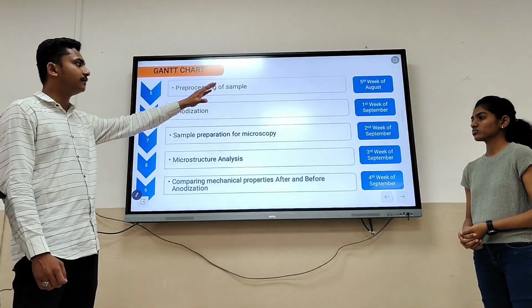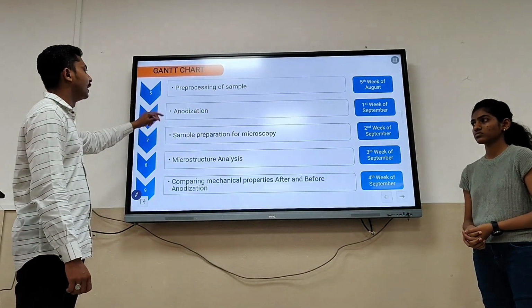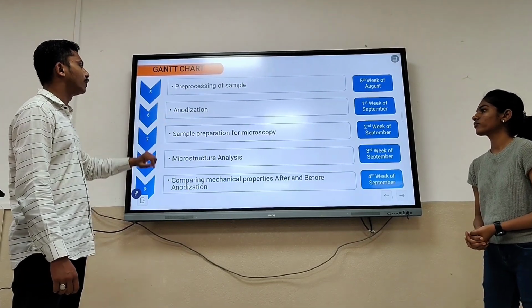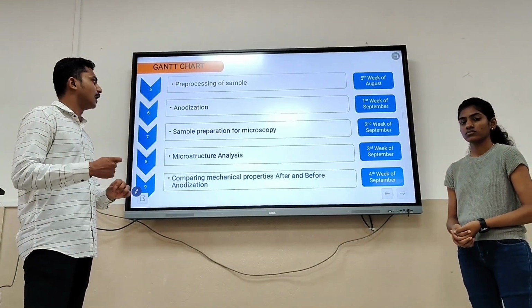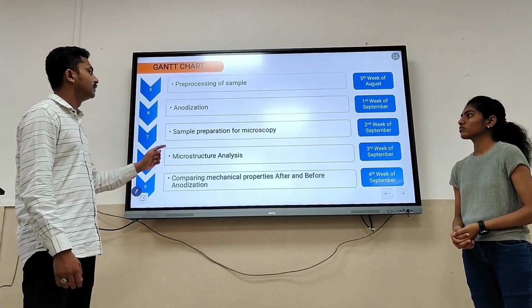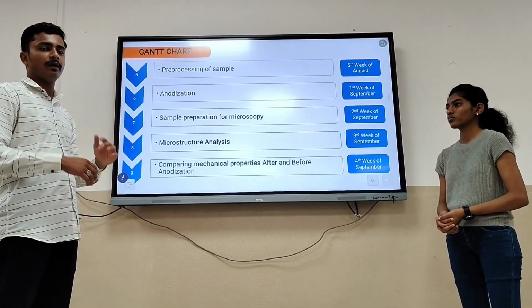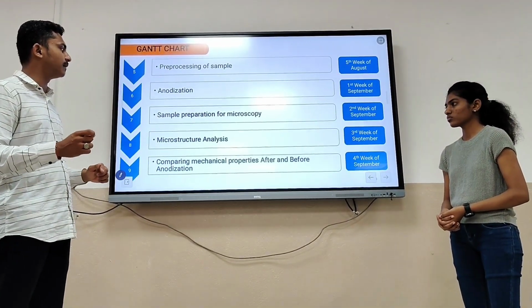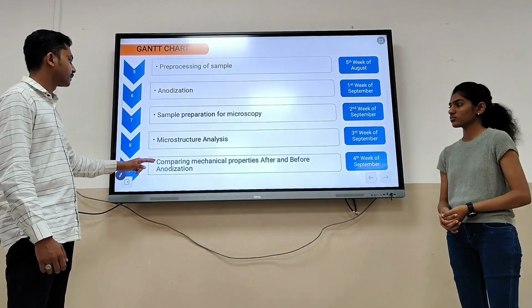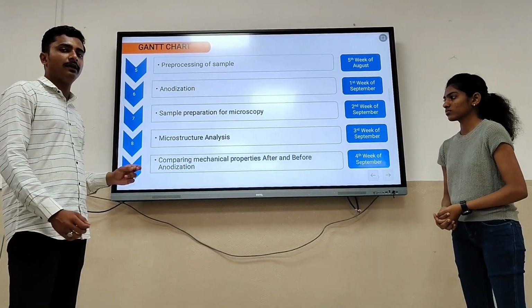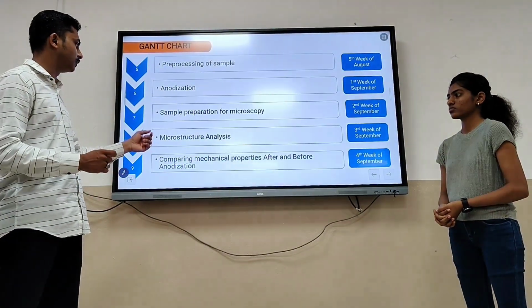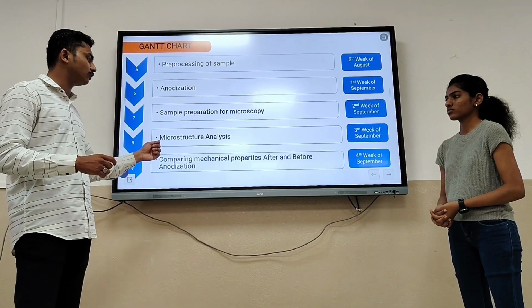This we will do on the 5th of August, and then we will analyze our sample, and then sample preparation for microscopy. Again we have to prepare the sample for microscopy, and then we will take the images under the microscope.